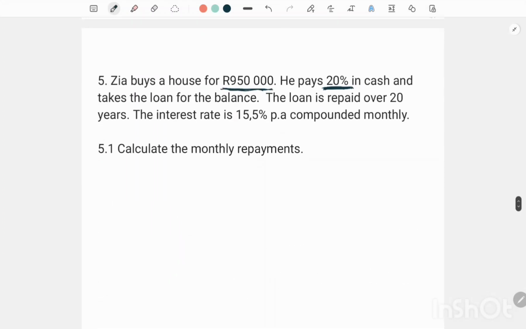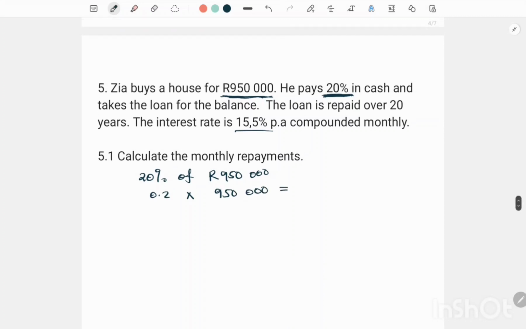So the interest is that. So you're going to say what? This is your PV. PV is 950,000 multiplied by, oh, I'm sorry, let me just firstly find out how much he paid in cash. 20% of 950,000, so it's going to be 0.2 multiplied by 950,000.